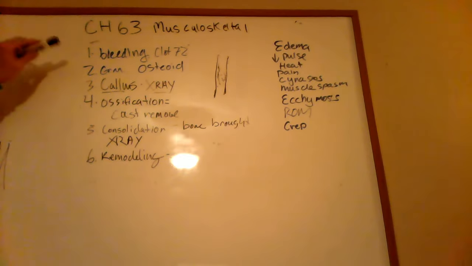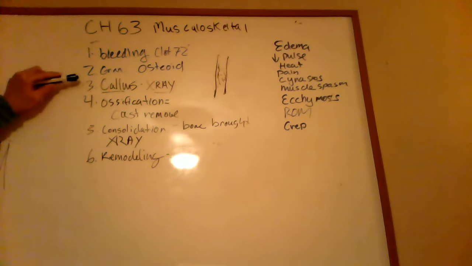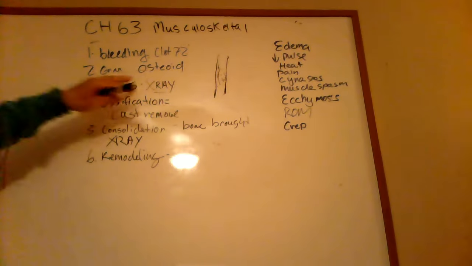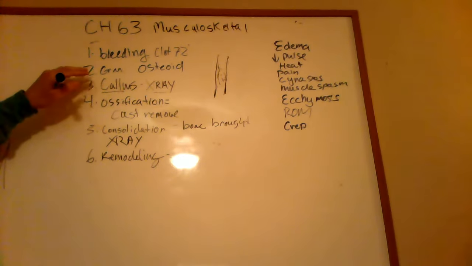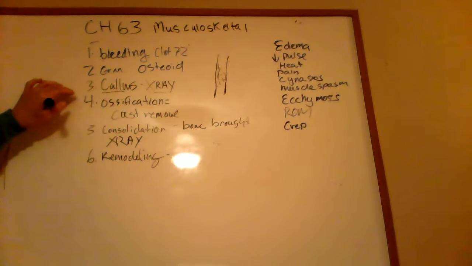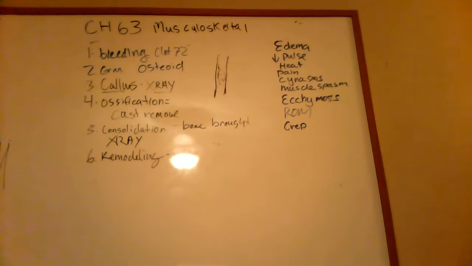So from the beginning you have your bleeding or your fracture hematoma. Then you're going to go into granulation, where you're going to have a lot of the cells come in, and it's going to form that osteoid. Phagocytosis. Osteoblasts you're going to see a lot here, and then you've got the callus, which is the fibrous forming of that around the fracture site.